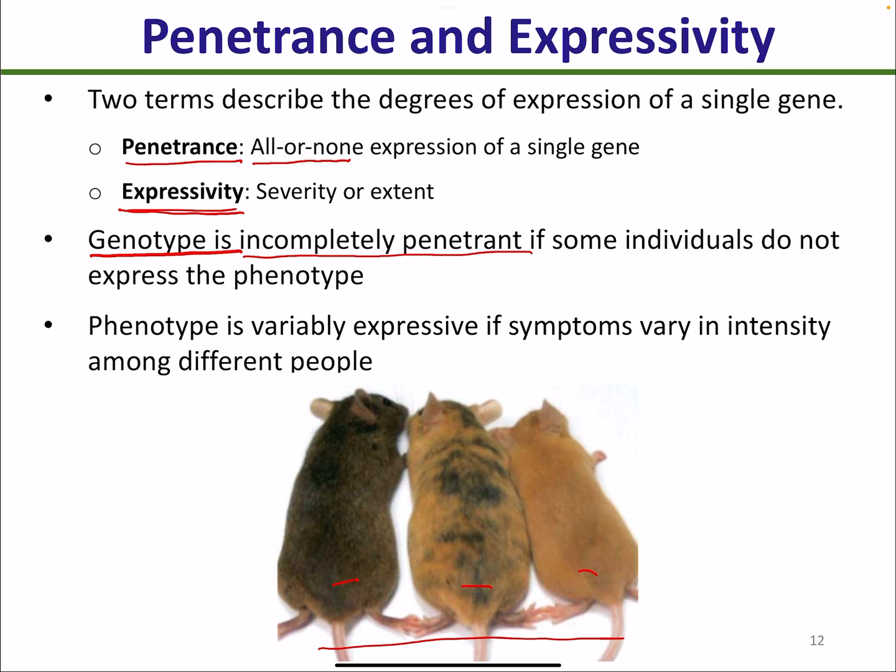Incomplete penetrance means that there is no really clear cut as to whether the gene is being expressed, yes or no. The gene can be expressed, but with a certain severity, or to a lesser extent.